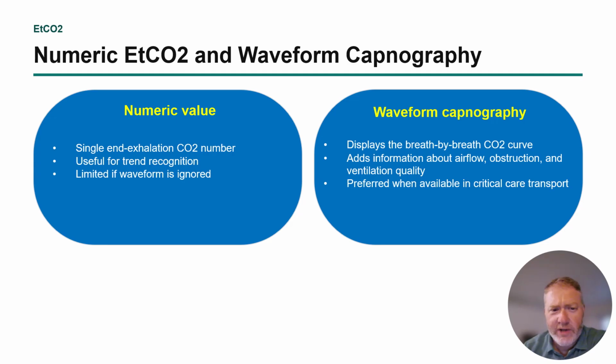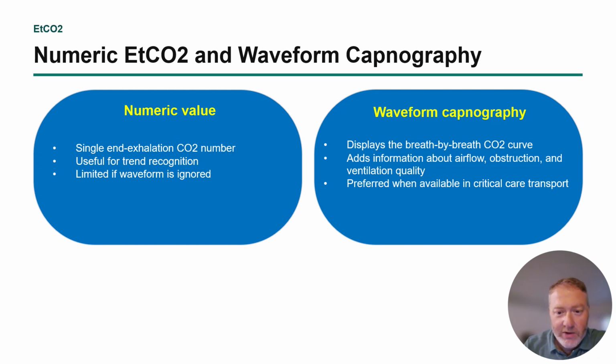This slide is more of an FYI, so that you know that there are different types of capnography. They've got numeric value capnographs and waveform capnographs. The numeric value ones are single end-exhalation CO2 numbers. They're useful for trending mostly, but they are very limited if you ignore the waveform.